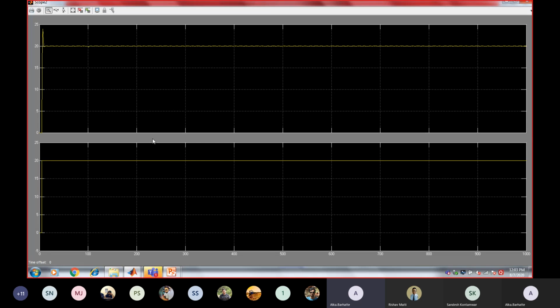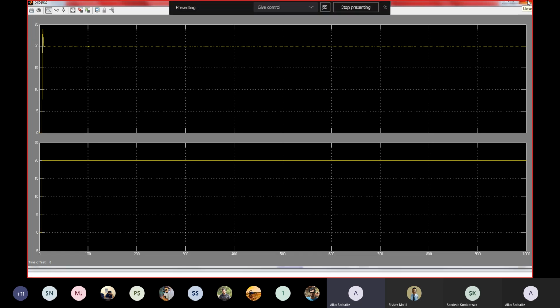Initially it is jumping to 25 suddenly, and then it is coming to the constant speed. Again, this jerk is not expected, so we want a smooth transition, and that can be tuned using your PID controller.